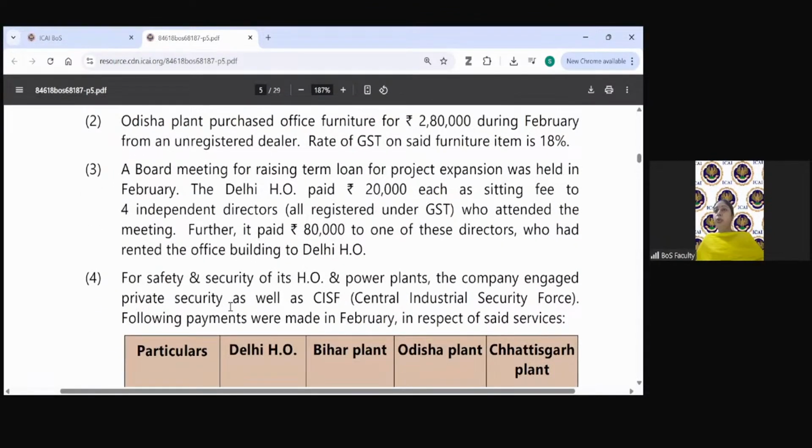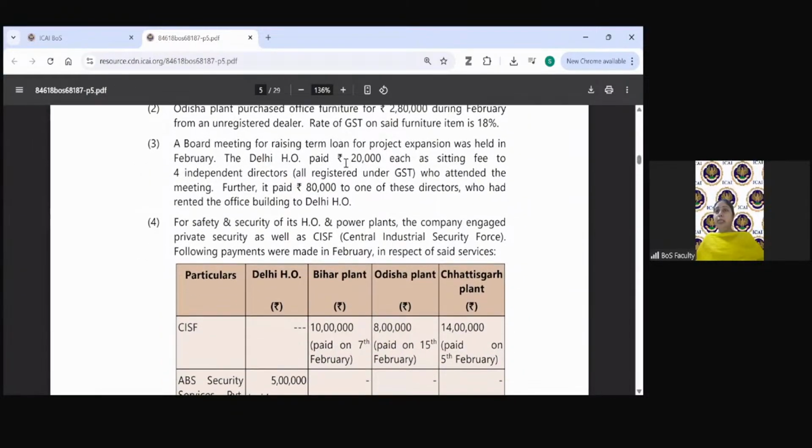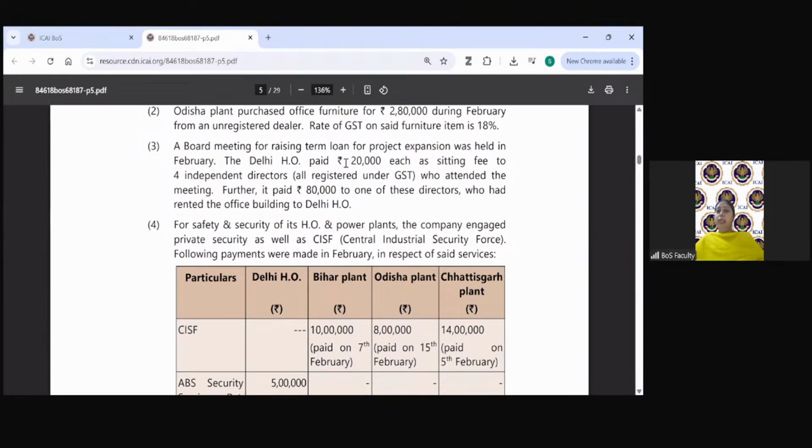First, point 2 pertains to the Odisha plant. Then we have the information relating to Delhi HO. And then I will show you the table also. Let me zoom out a bit because that will help you in seeing the entire information at one place. ABC Security Services is not there for Odisha plant. So this is the information which is there for Odisha plant.